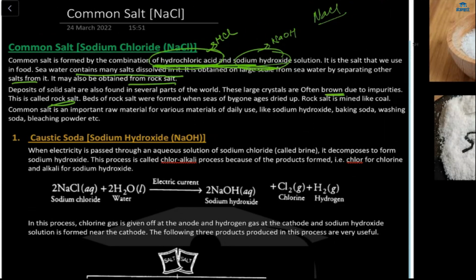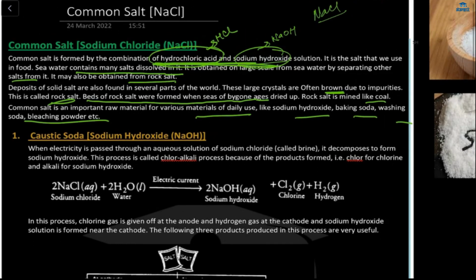Beds of rock salt were formed when seas dried up. Rock salt is mined like coal. So these explain the formation of the rock salt. Common salt is an important raw material for various materials of our daily use, like sodium hydroxide, baking soda, washing soda, bleaching powder, etc.